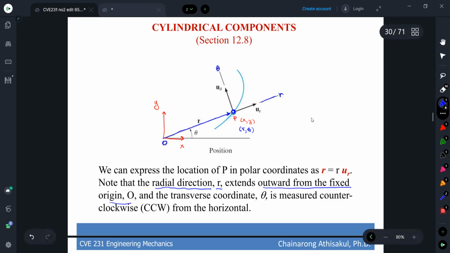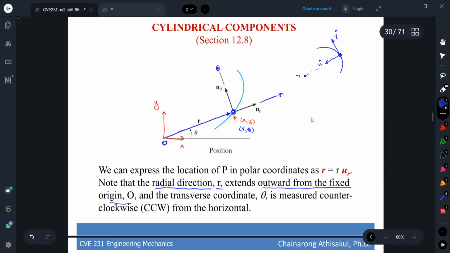If we recall the n-t coordinates, n is normal and t is tangent, for a circular path like this.